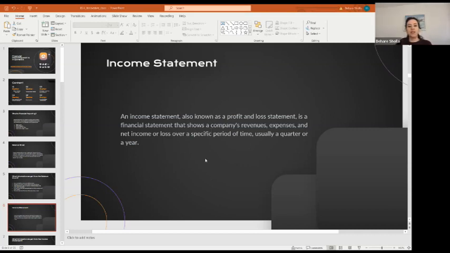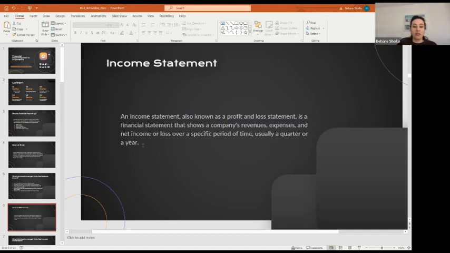So basically, it includes the revenues, the expenses, and the net income or loss over a specific period of time. We will see with one example how the income statement is structured.